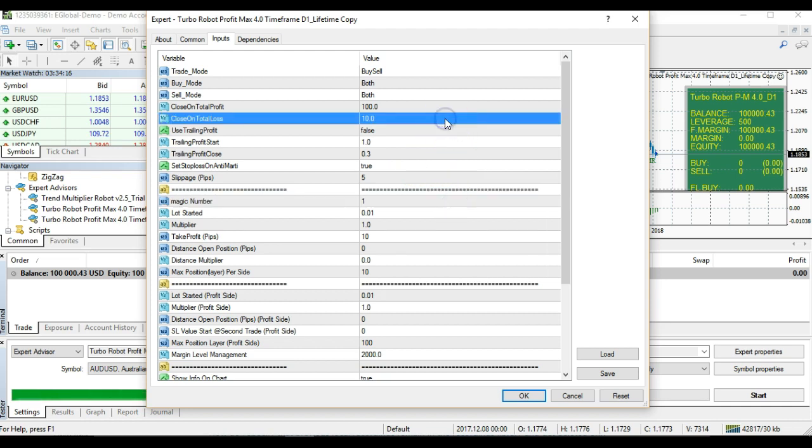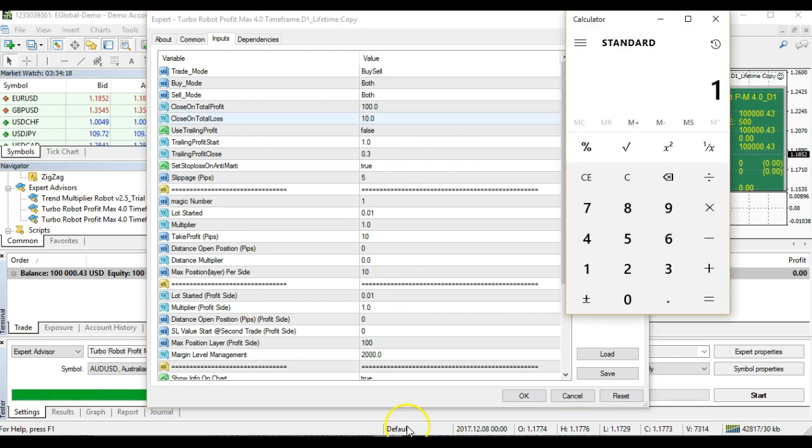So 10 means how much? 10 divided by every pip being 0.10, so it's 100 pips. If I reach 100 pips over here, only then will I get a total loss, and it will trigger my close on all profits.